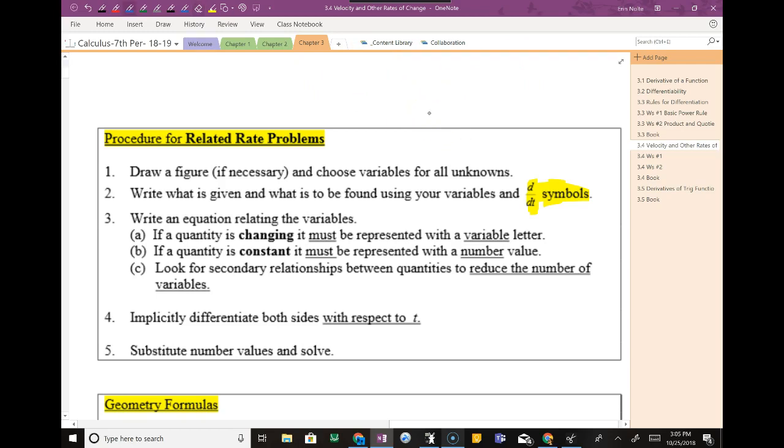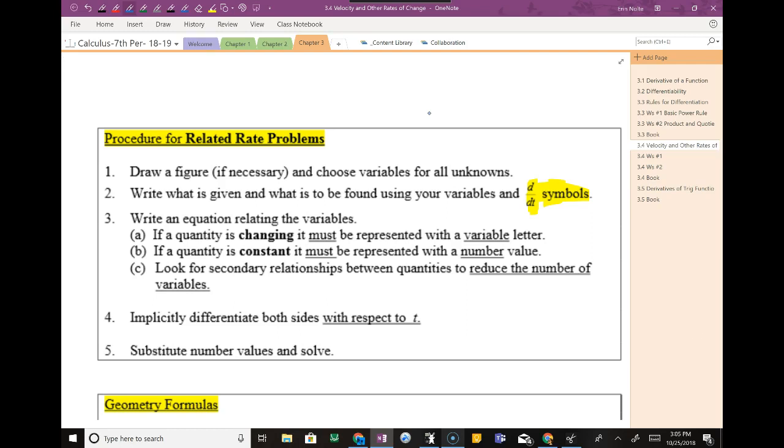So the procedure for finding a related rate. Step 1: if you can draw a picture, draw a picture. We might be working with triangles, we might be working with circles, who knows? You can draw a picture that helps you understand the spatial idea. Step 2 is write down anything that is given to you.